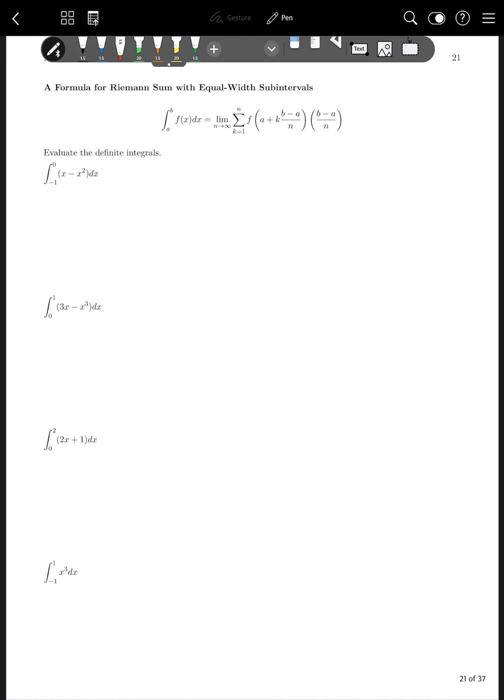To rewrite these as a limit of a Riemann sum with equal width subintervals, we can basically use the idea we were using at the end of the last section.